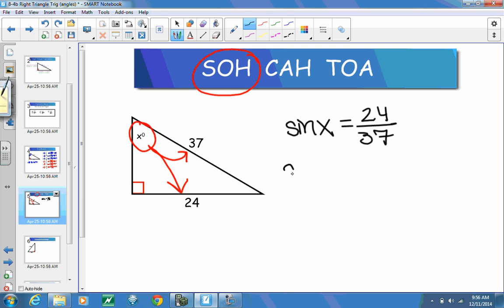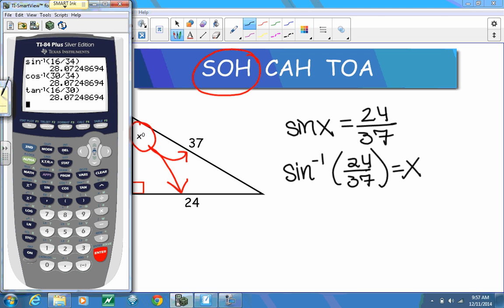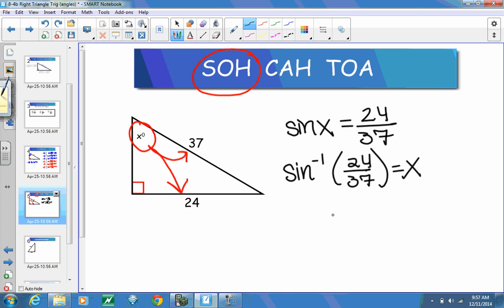So to find our angle, we're going to take the inverse sine of 24 over 37, and that's going to give me my angle for x. We take the inverse sine of 24 divided by 37, and we get 40.4 degrees.